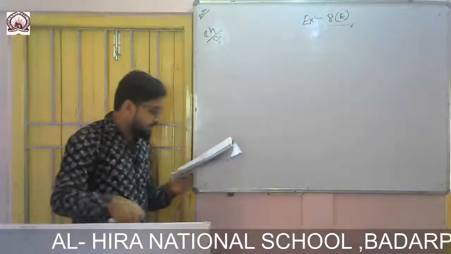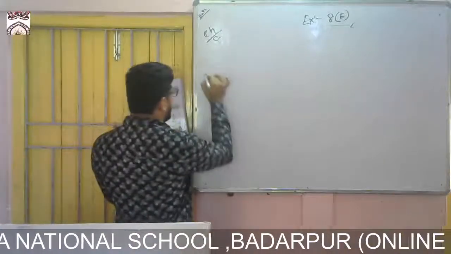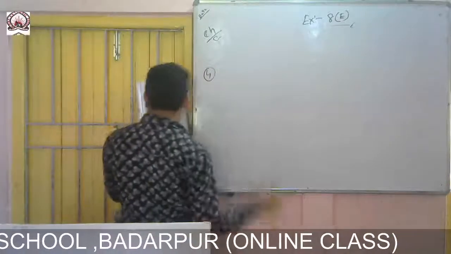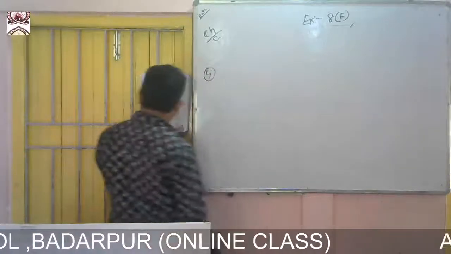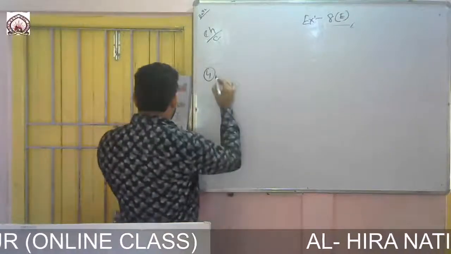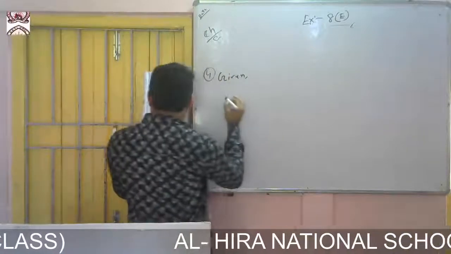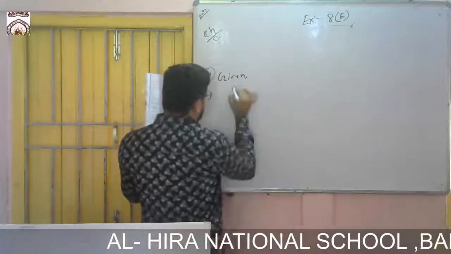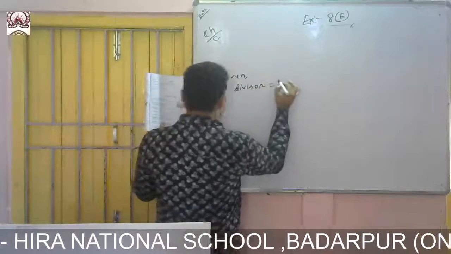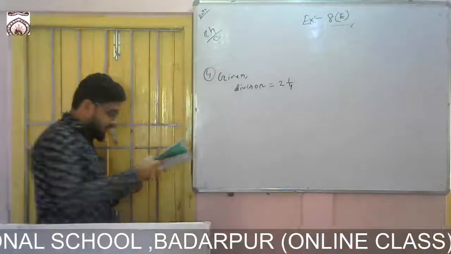So question number 4. Given divisor, close to what? 2 1 by 4. 2 1 by what number?